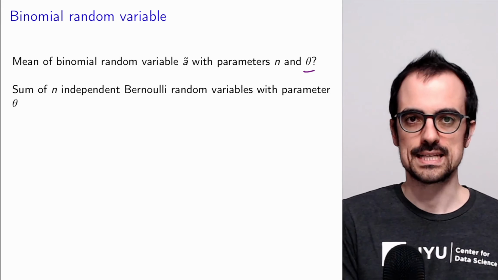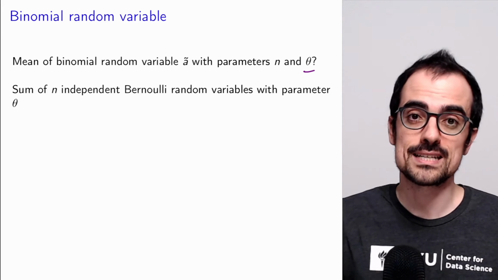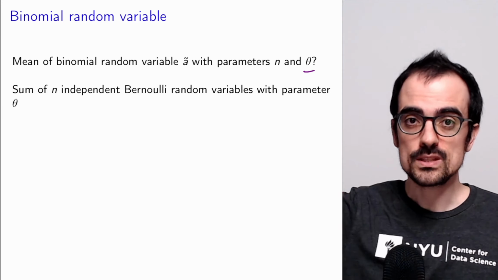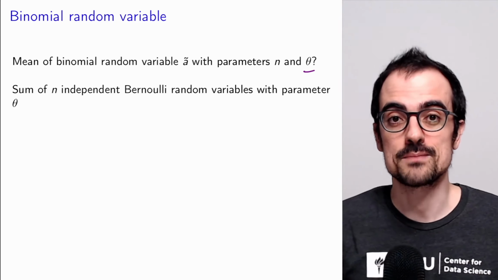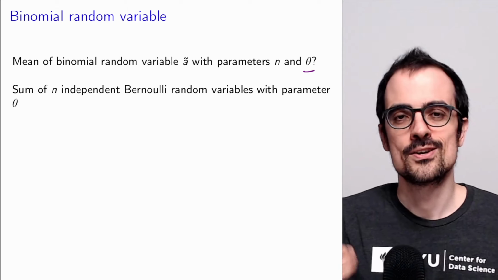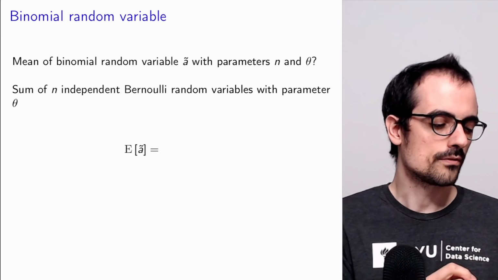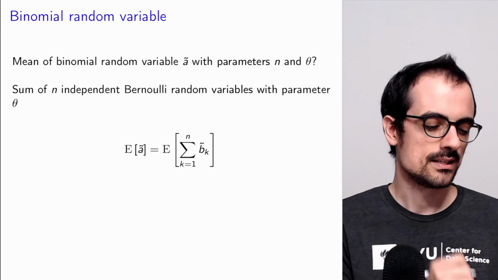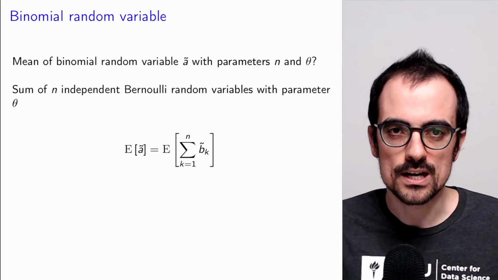So by that definition, we can represent the binomial random variable as just a sum of the number of times that the coin flip would be equal to 1. Each of those coin flips can be represented by a Bernoulli random variable with parameter theta. So if we have a binomial random variable A, we can represent it as the sum of n independent Bernoulli random variables.